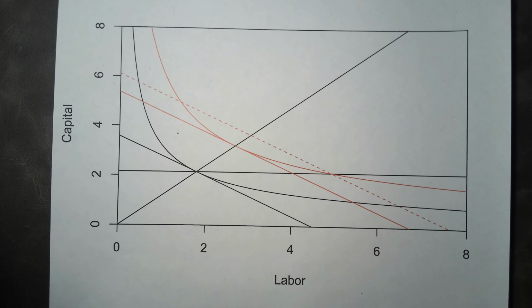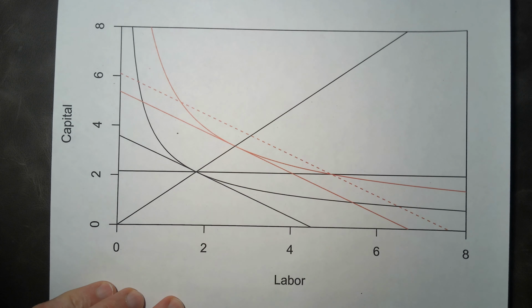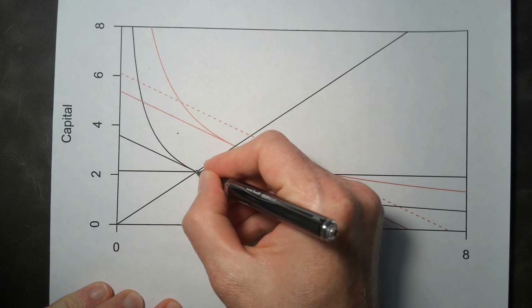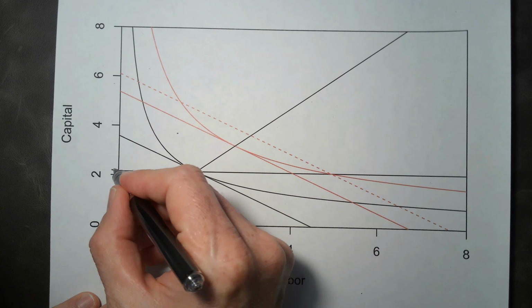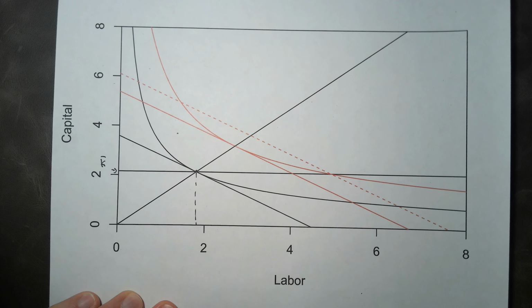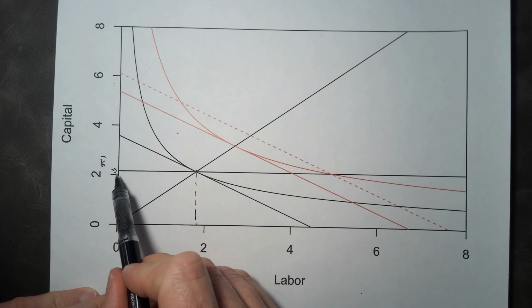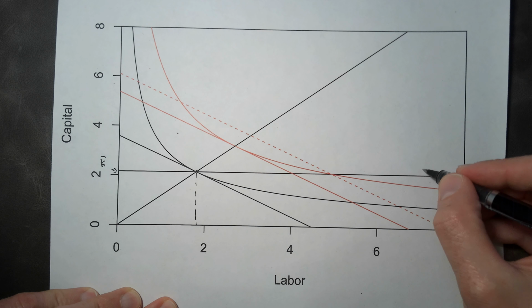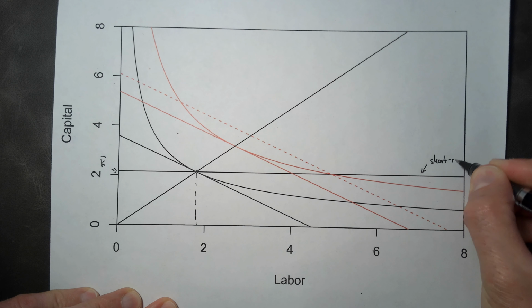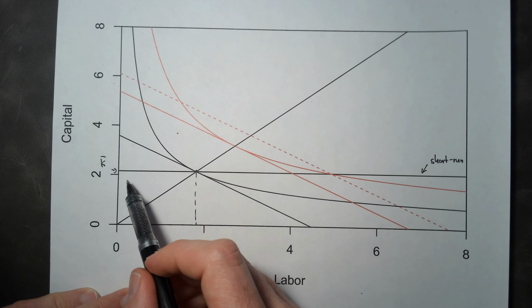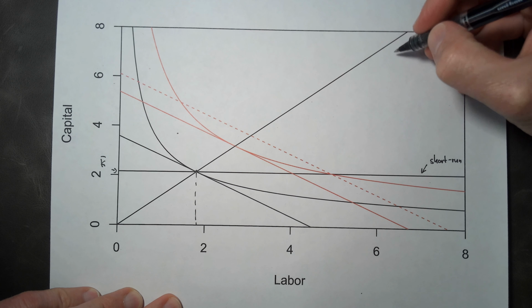So as before, we have the initial point of production, which we are marking here, and assume that capital is fixed at this point, K star. So this line here again is the short run expansion path, since capital cannot be adjusted, and this part here is the long run expansion path.